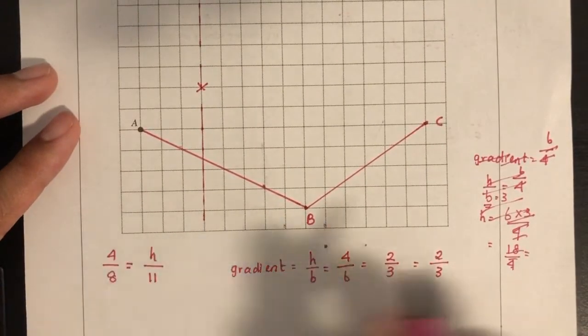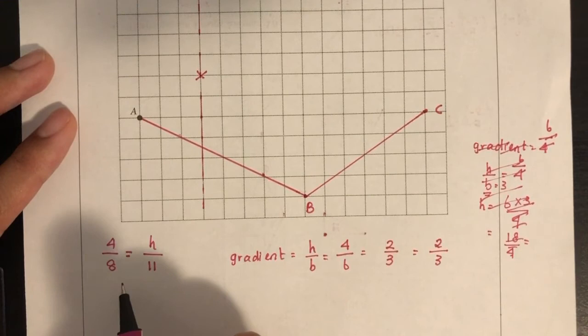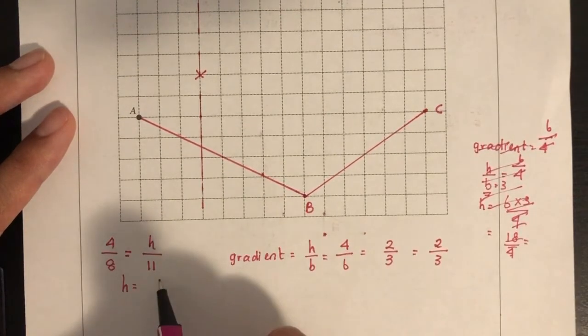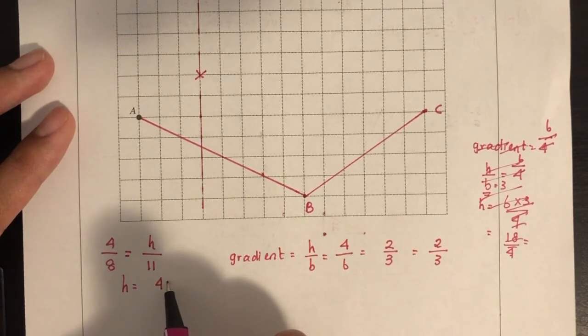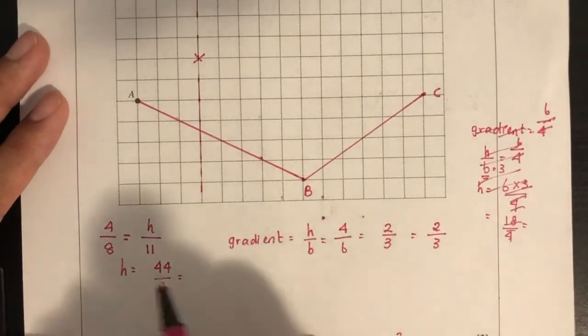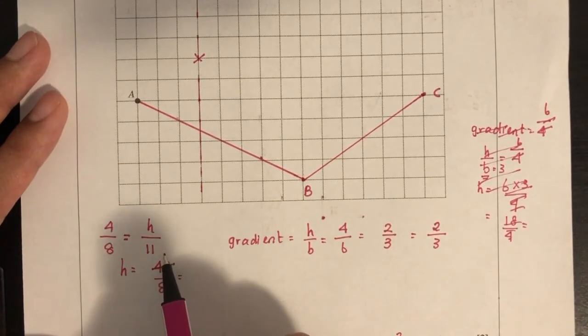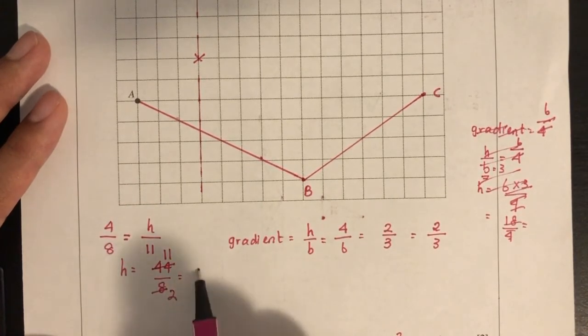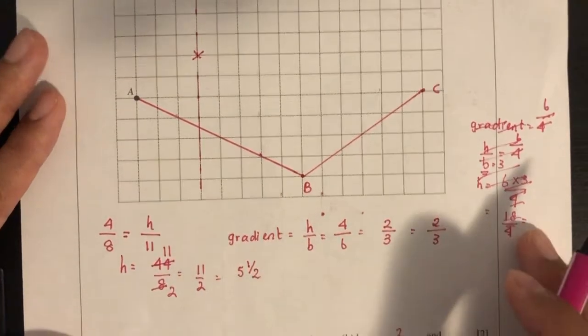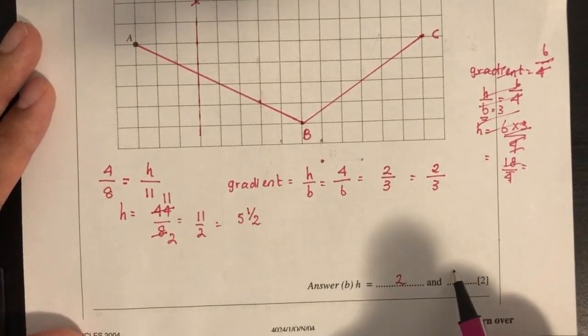So to find the height, you cross multiply. Height will be 4 times 11, which is 44, divided by 8. If you divide by 4, you have 11 over 2, 11 by 2 will be 5.5. So the other value of h will be 5.5.